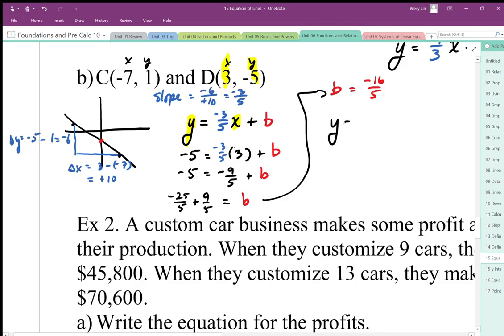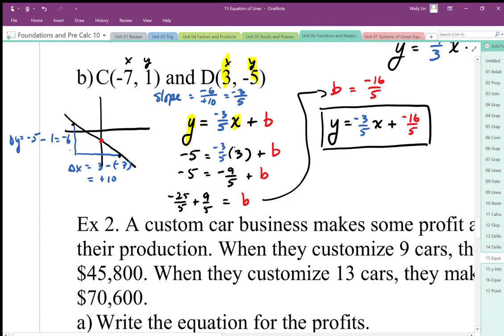So my equation then is y equals, I know my slope, -3 over 5, times x plus my b value, which I've calculated to be -16 over 5. It's probably better to write it as a fraction, but there it is.